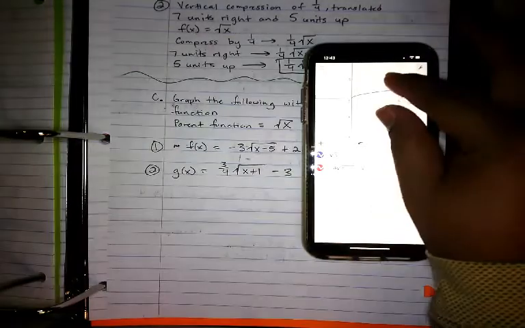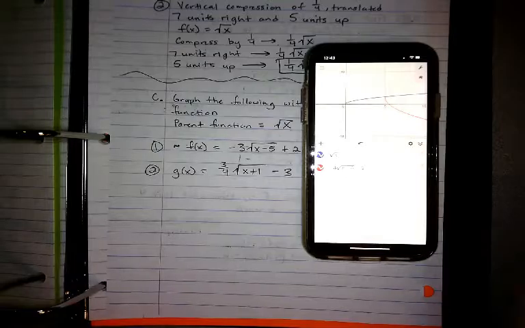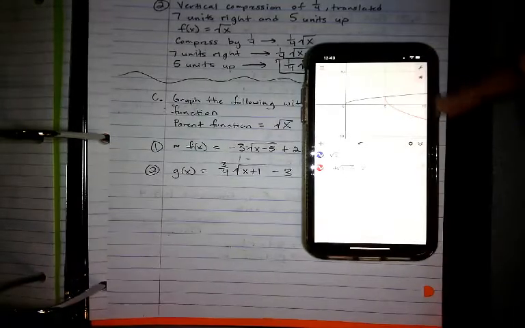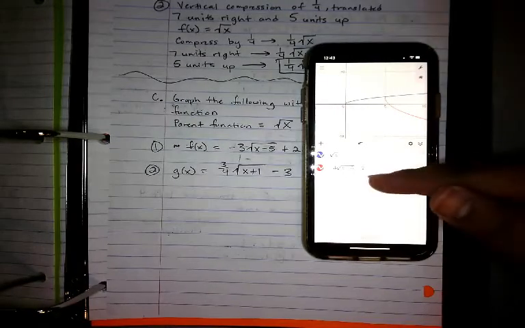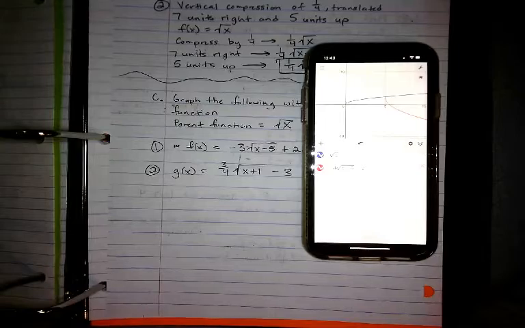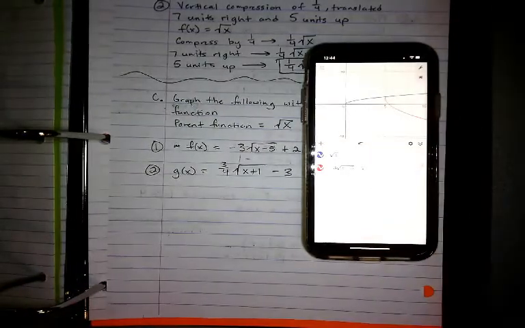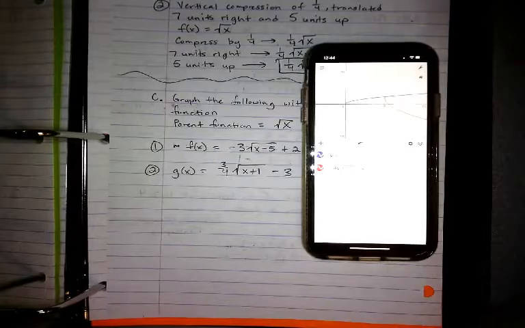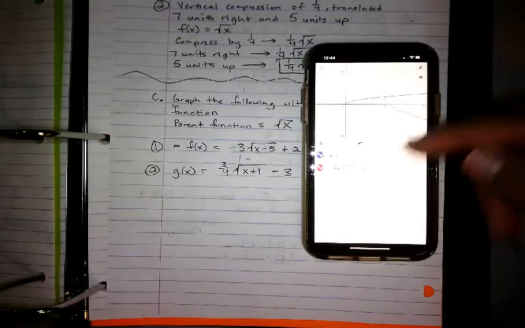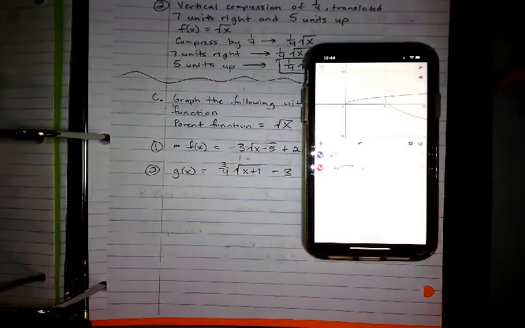If I look here, my equation is x minus 5, but it went to the right 5, like I told you. So it's the opposite. It's x minus 5 inside the square root, but it goes to the right 5. The negative 3 is what turns it upside down.